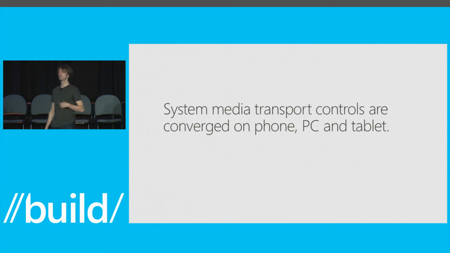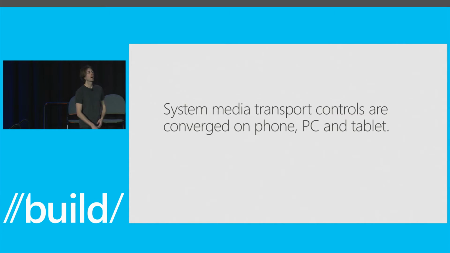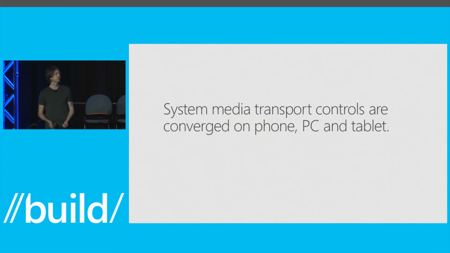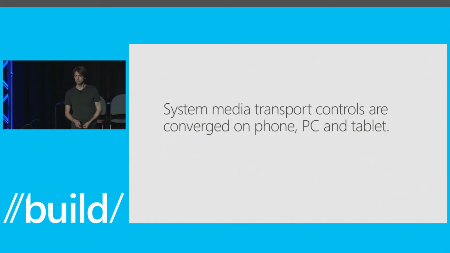So this is one we don't feel as good about, but it's important to talk about the distinctions. So phones, while they're all Windows 8.1, there is a distinction about how you do background audio on the phone compared with the PC and tablet cousin. The reason for that is that we didn't do as good a job as we should have.